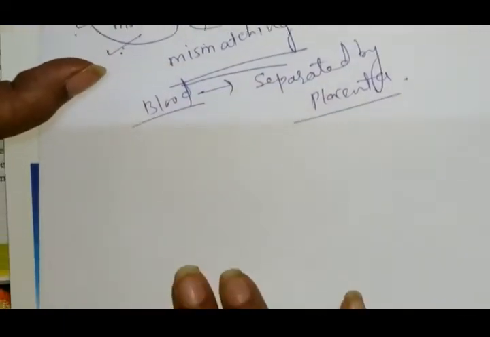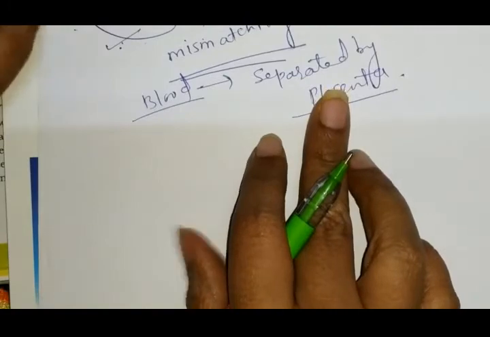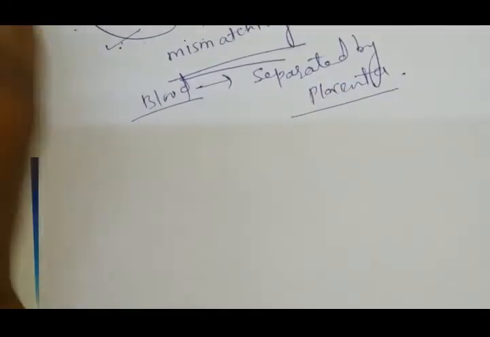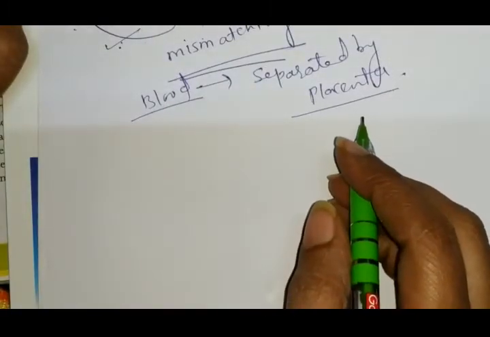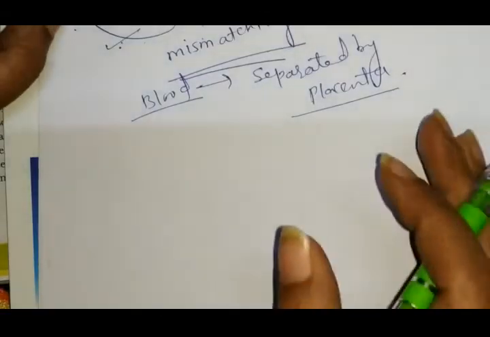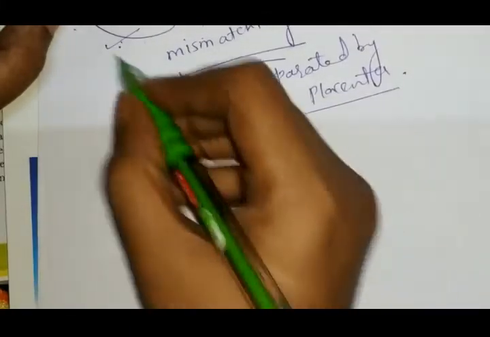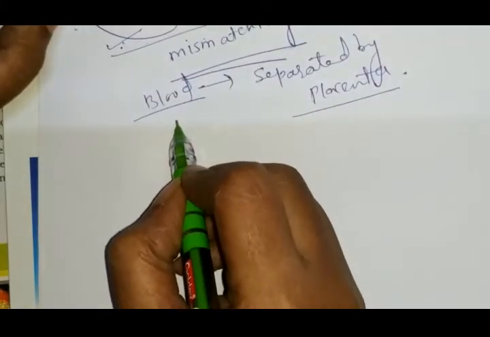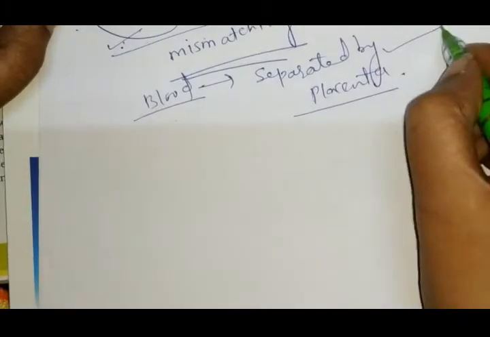However, during the delivery of the first child, there is a possibility of exposure of the maternal blood to a small amount of the Rh positive blood from the fetus. Before delivery, the two bloods are kept apart due to the separation by the placenta.